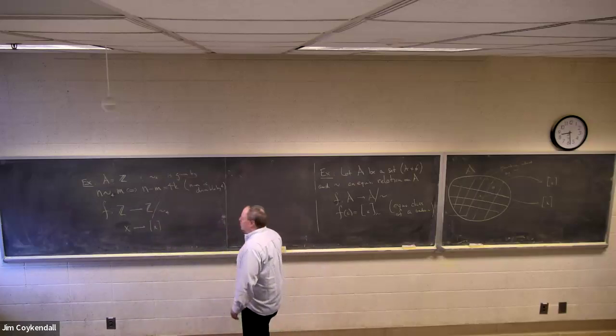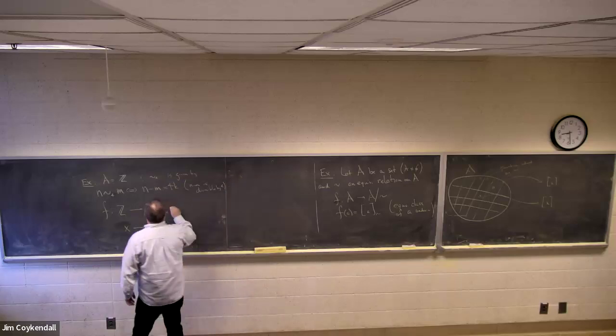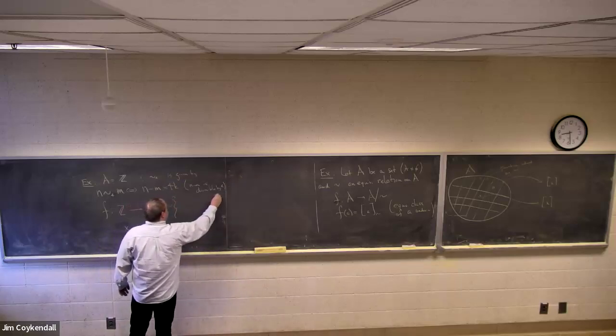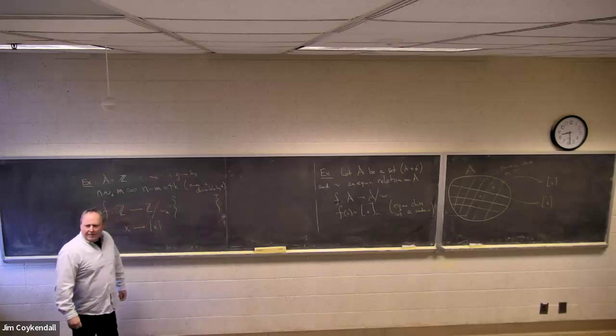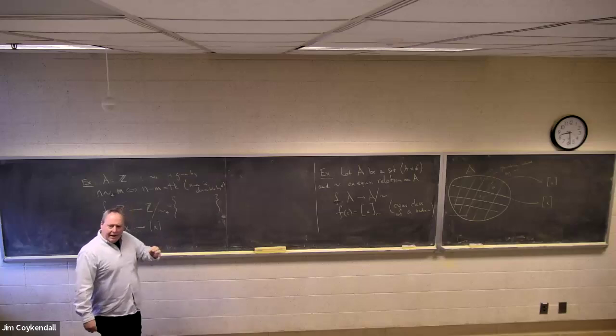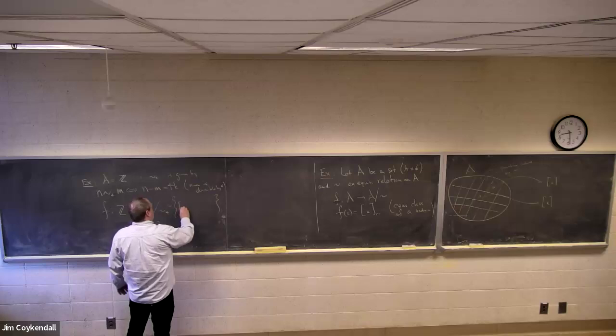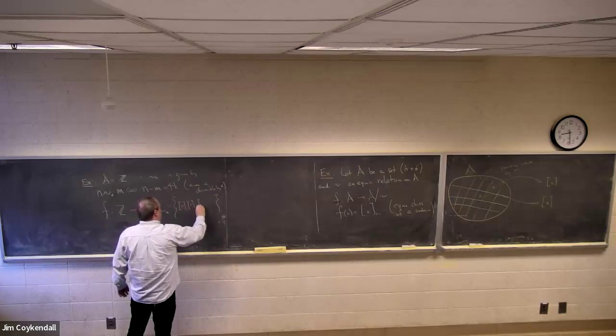So how does this work? By the way, how many equivalence classes are there? Four. And how can you tell? Each one of them is represented by a possible remainder upon division by 4.